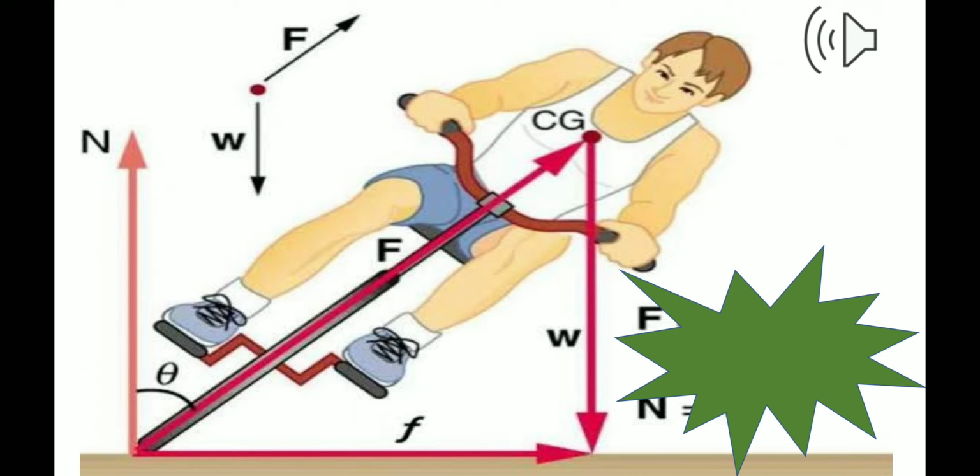Now there are other examples also for centripetal force, like if I talk about an atom. In an atom, the electrons revolve around the nucleus. So there is some force which is binding the electrons to move around the nucleus. Similarly, planets move around the sun.